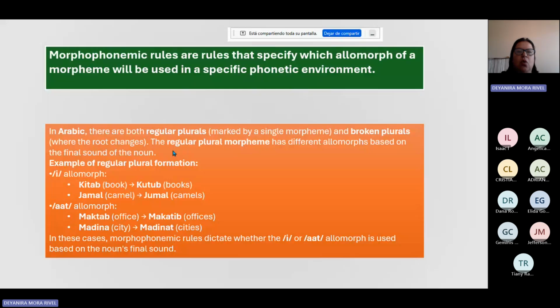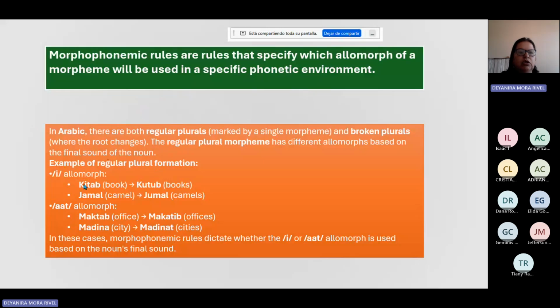Okay, so this is the regular plural, and it has both regular and broken. So this one is an example of the regular plural. The regular plural has, at least we're going to see, two different allomorphs or two different ways of making the plural.